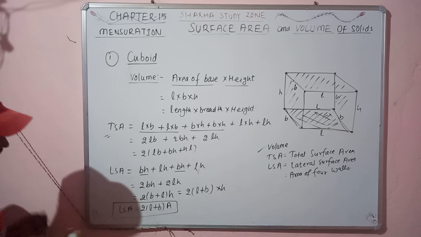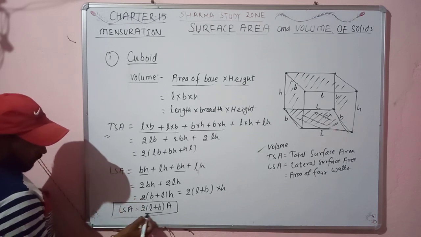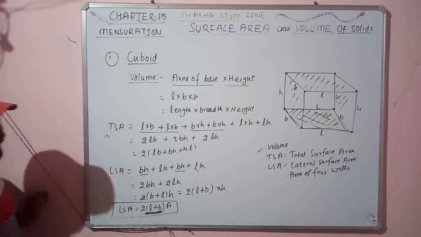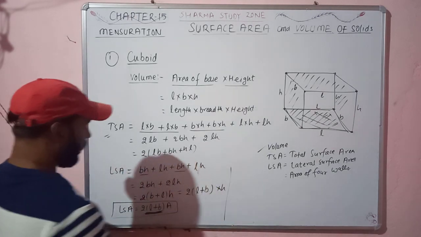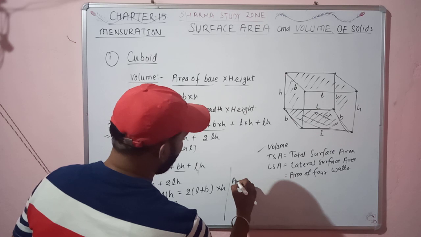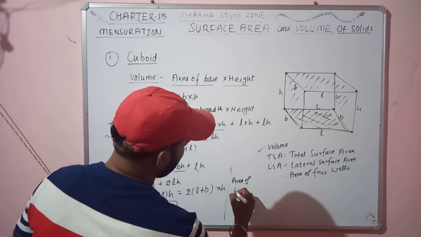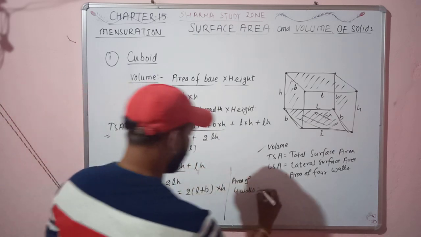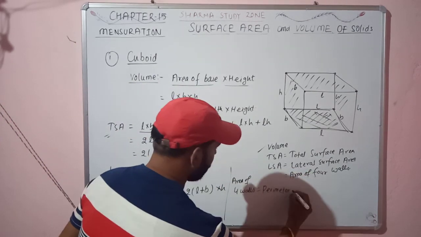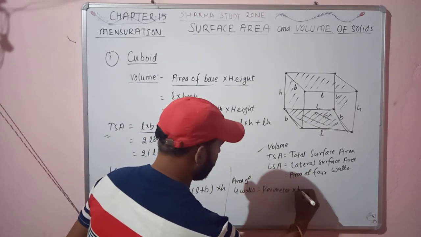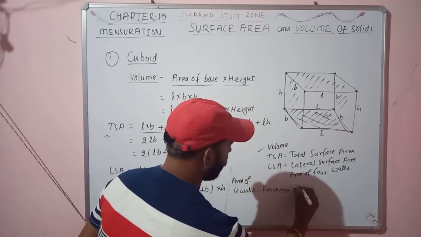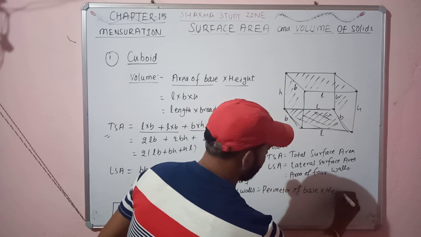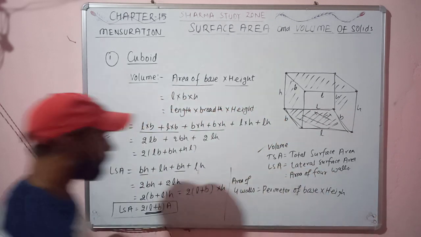So if you see it, you will see that L plus B is the formula for the perimeter of a rectangle. It means you can say that area of 4 walls will be equal to perimeter of base into height.